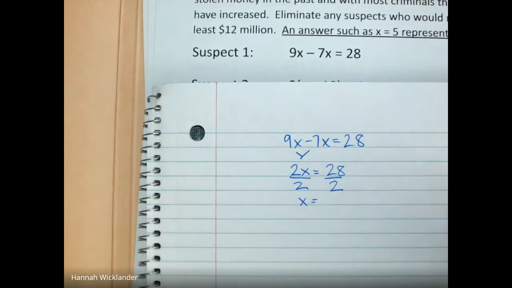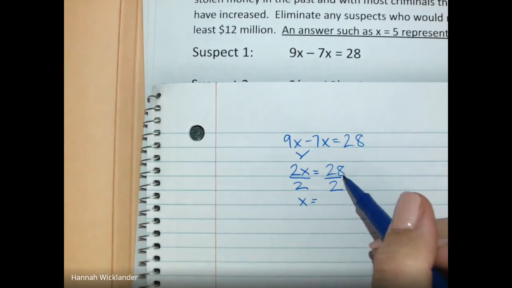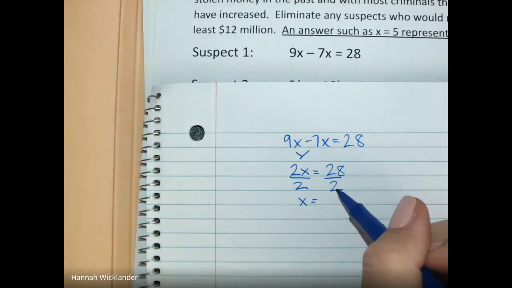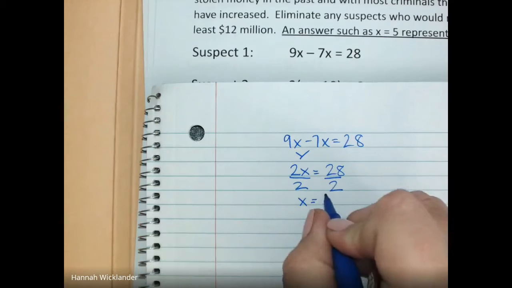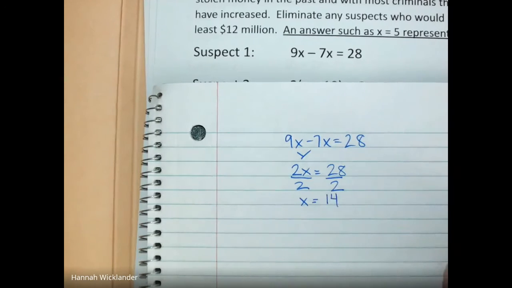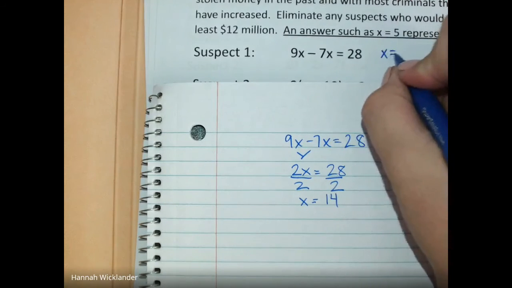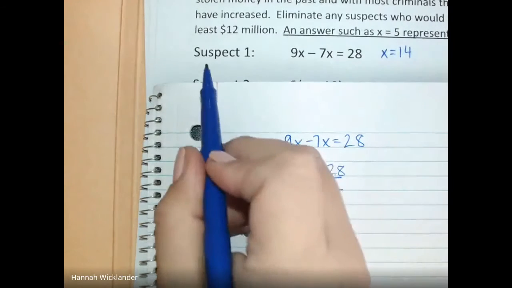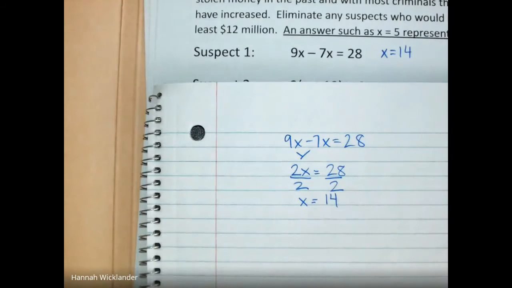And x equals 28 divided by 2, which gives me 14. So then that would mean 14 million. So that number, x equals 14, that suspect is above 12, so we can keep that suspect in the game.